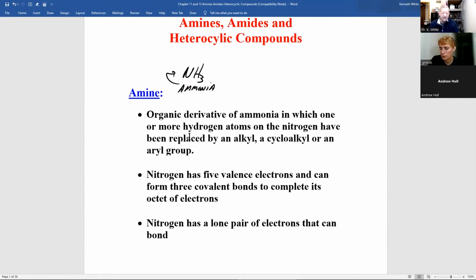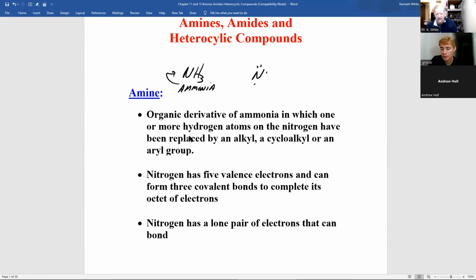Aryl means a benzene. And I should remind you, nitrogen has five valence electrons, and it needs 3 more electrons to get an octet, 3 bonds more. But nitrogen has a non-bonding lone pair of electrons. That, on certain cases, can.